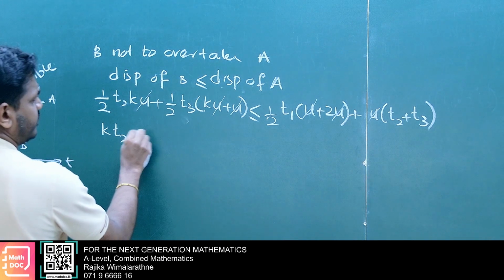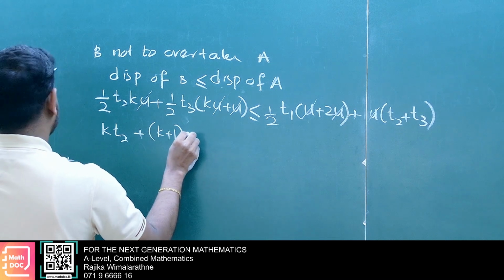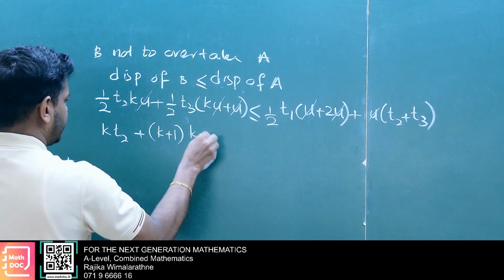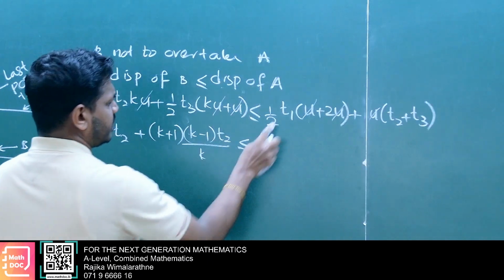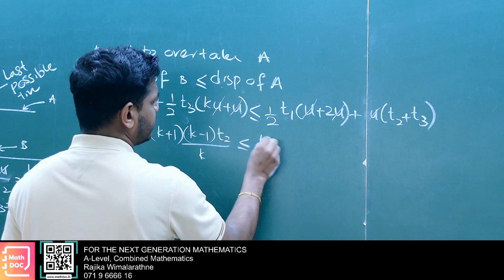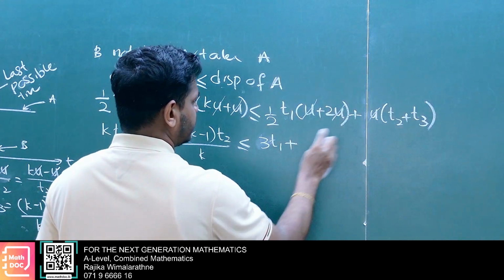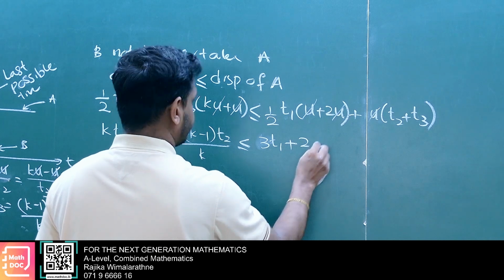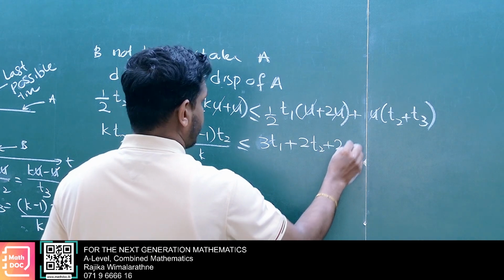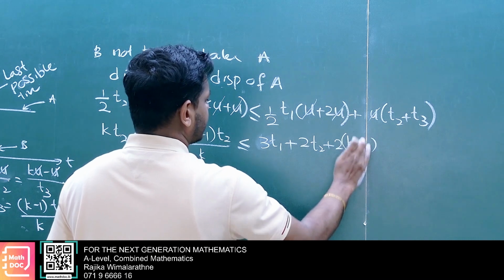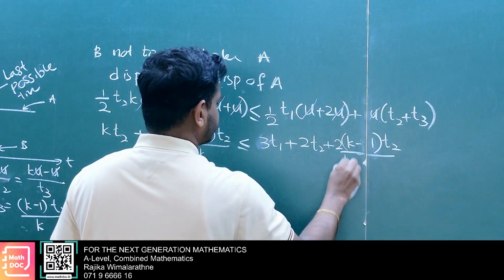KT2, K plus 1 T3, T3 K minus 1, T2 over K, here T1, 3 T1, here 2 T2 plus 2 T3, K minus 1, T2 over K.